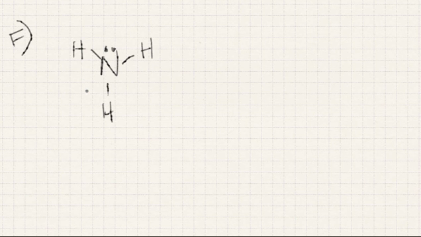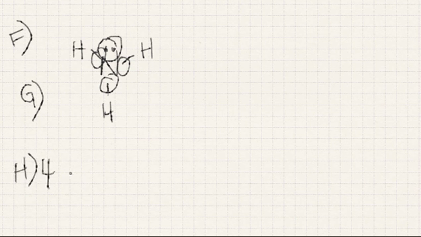So what is the two-dimensional Lewis dot structure? Oh, so basically we have already drawn it here. And so if we want to see how many electron-rich regions there are, let's just look at how many regions are around nitrogen. So we have 1, 2, 3, 4. 4 electron-rich regions around the nitrogen.